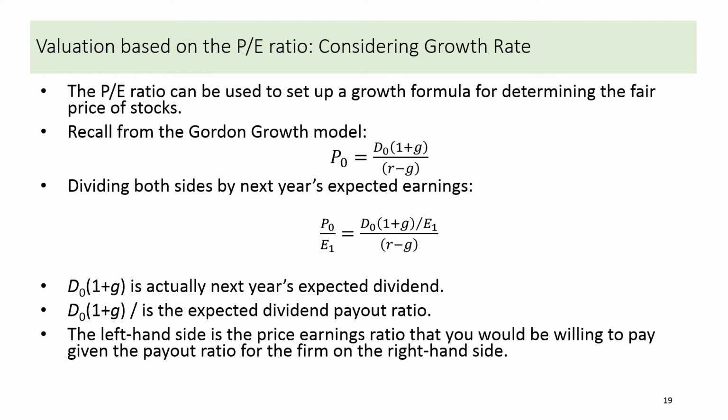The left-hand side of the equation is a forward PE ratio, with price today divided by expected earnings 1 year later. On the right-hand side of the equation, the numerator is the expected dividend payout ratio. So, this equation shows that the price-earning ratio that you would be willing to pay is influenced by the payout ratio.